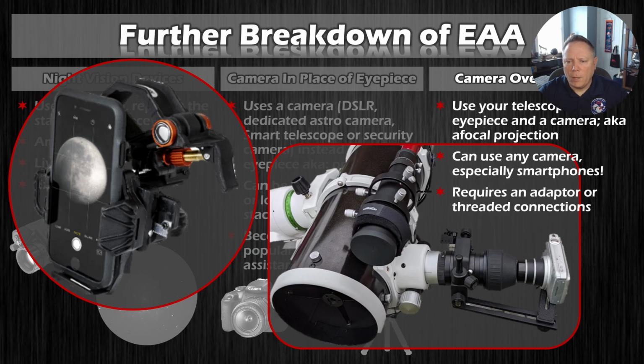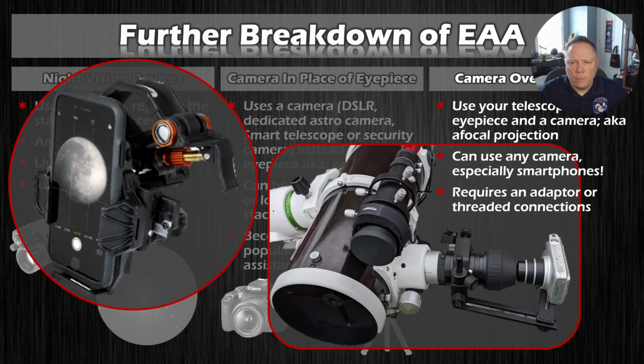I will give a bit of a warning that some of the adapters can be very, very fickle. Sometimes it's very hard to get the right placement of that camera lens over the exact right spot of your eyepiece. I highly recommend ones that will allow you to do micro adjustments in all three axes, both the X and Y axis as well as the Z, basically going up and down over the eyepiece.